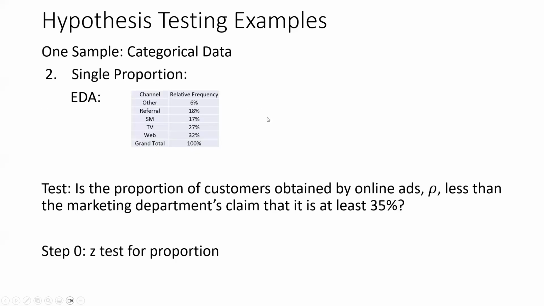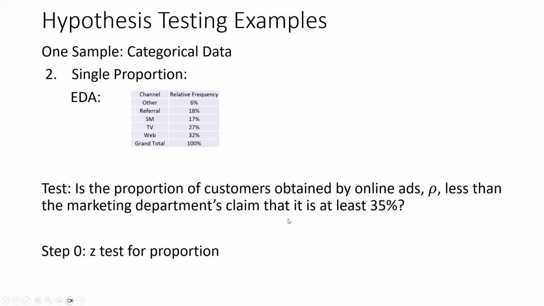Okay, that's that one. Now let's talk about that proportion where we looked at how many. My question is, is this 32%, is the real rho that comes from all 10,000 customers less than the marketing department claim that it's at least 35%? And remember, rho is the proportion of customers obtained by online ads.